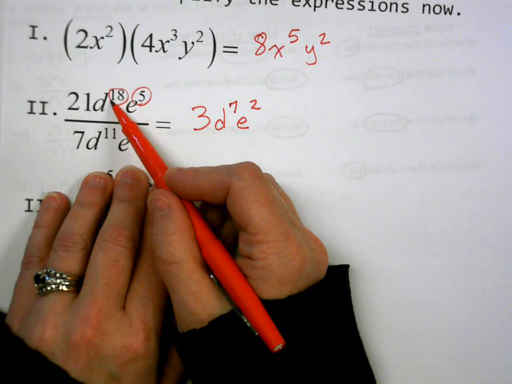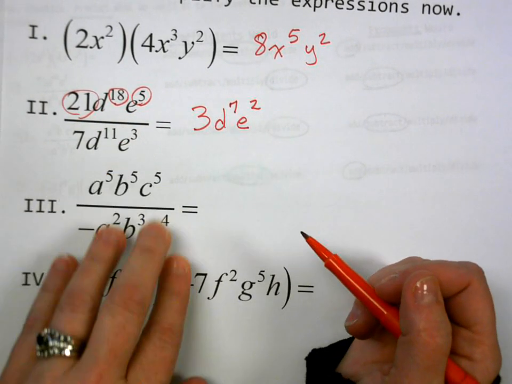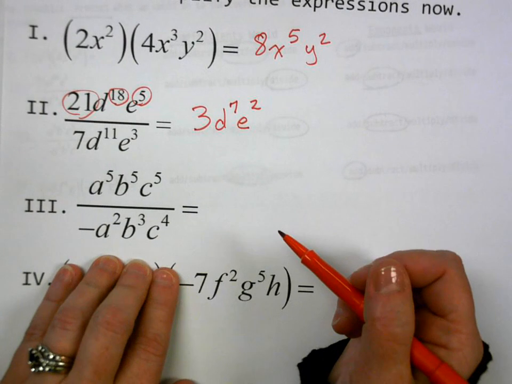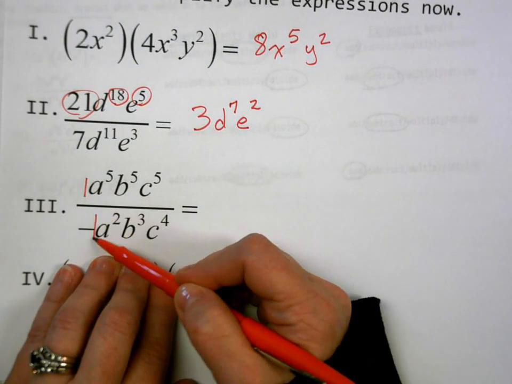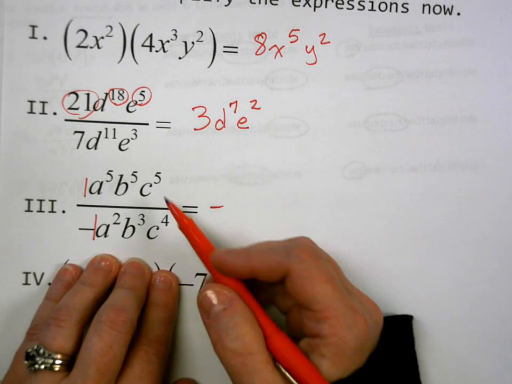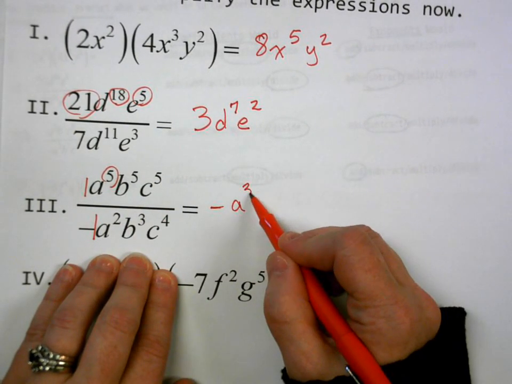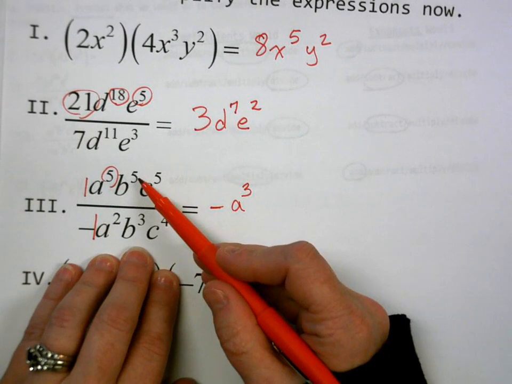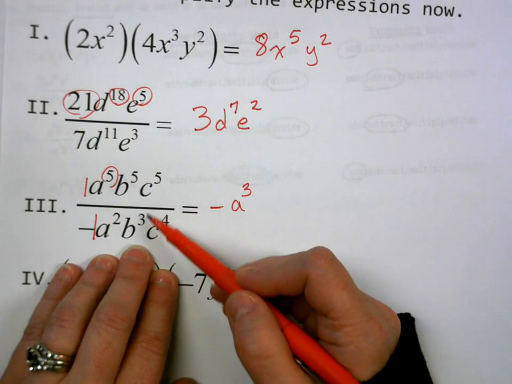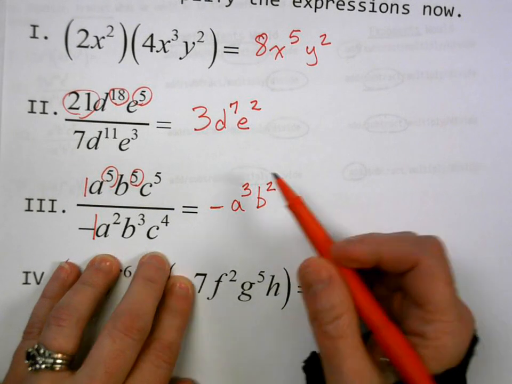Notice that these were all bigger in the top, so my numbers are in the top. I don't need a fraction bar. Okay, this third one, I've got 1 and negative 1. I'm going to put that negative out front. Okay, and then 5 minus 2, so my A is in the top. 5 and 3, so my B is also in the top.